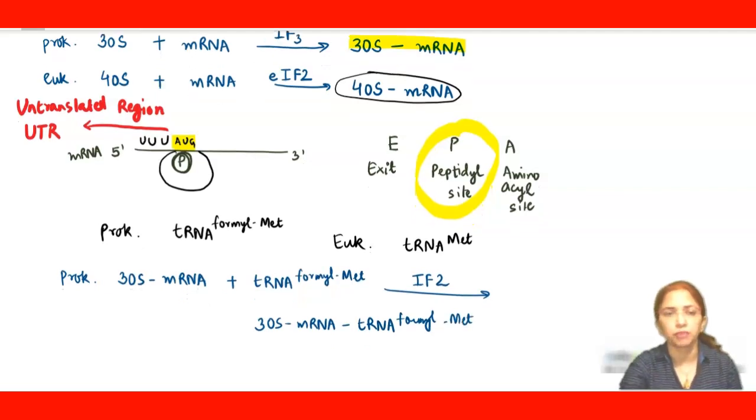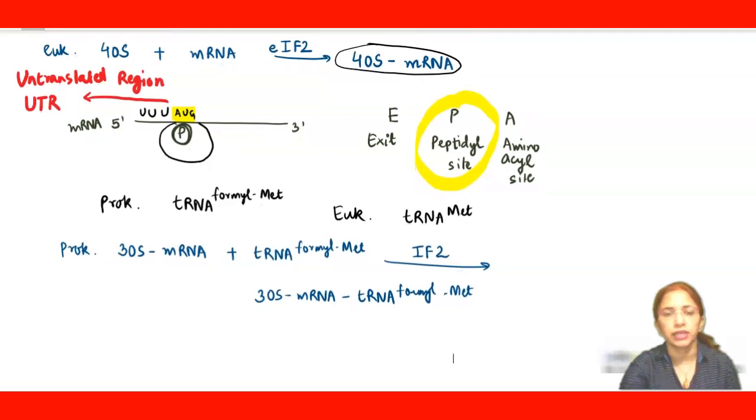Now if the same process would have happened in the eukaryotes, how would we have written it? It would be 40S messenger RNA, because the smaller subunit has attached to the messenger RNA, right? Now this will get attached to the transfer RNA that has brought the methionine.